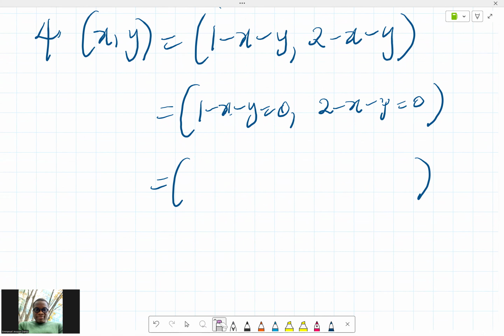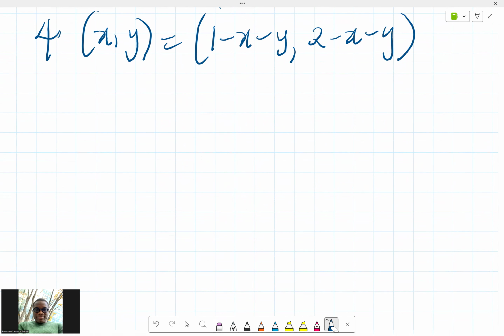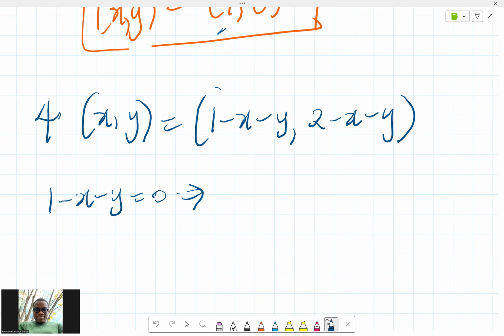Okay, clearly here we have more like 1 minus x minus y. We already know this is 0. That means that y is equal to 1 minus x. Done.